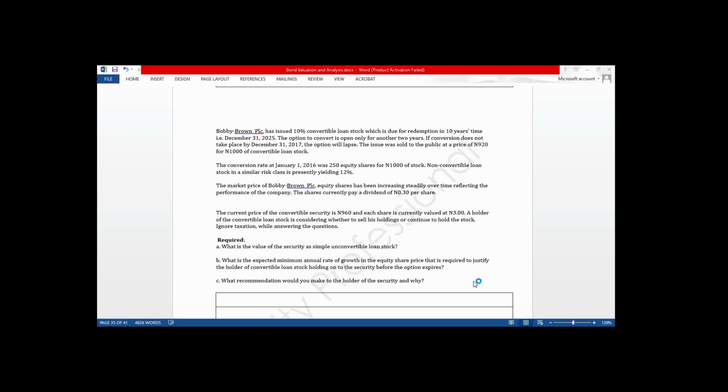I'm not sure of the page. Just 1 minute. I think page 133. Illustration 2. Please refer to the study pack. Page 133. Illustration 2.